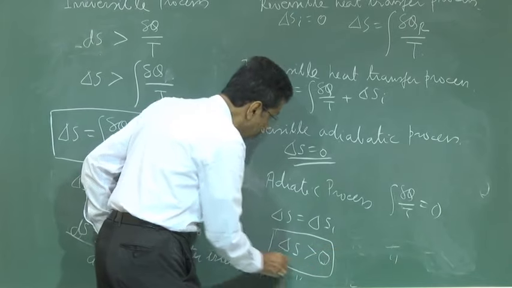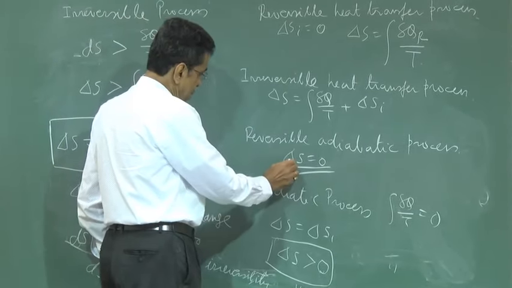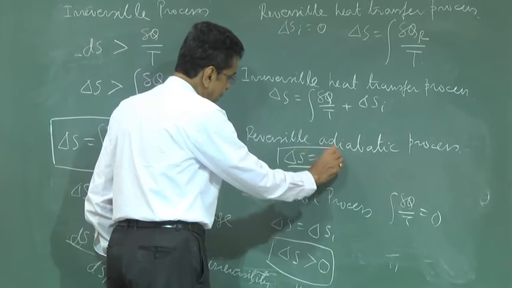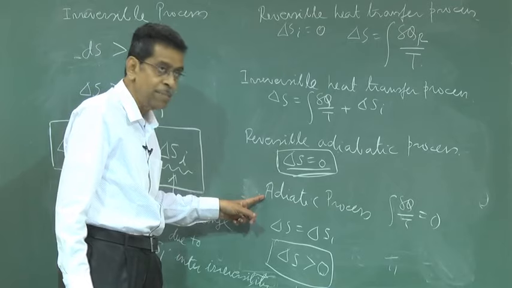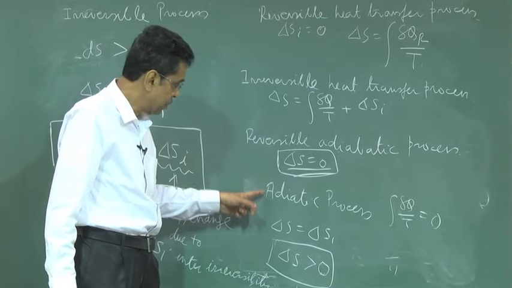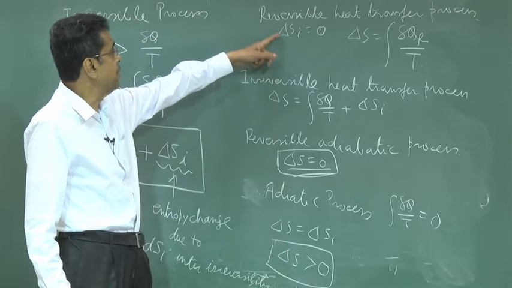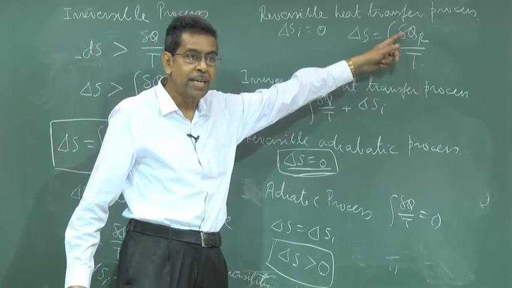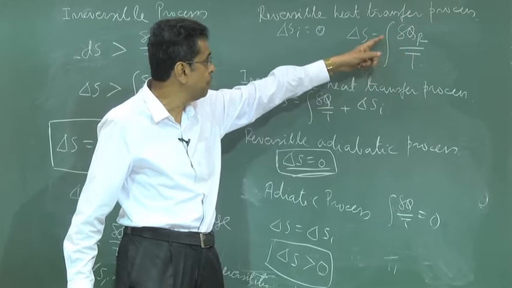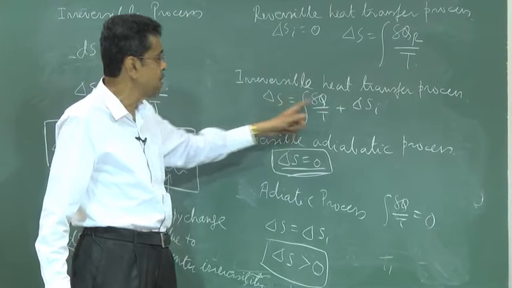So these are very important: in a reversible adiabatic process entropy remains constant, whereas in an irreversible, simple adiabatic process, delta S is greater than 0. In a reversible heat transfer process, delta S is del QR by T, which by definition is delta S. And for an irreversible heat transfer process, this is the equation.